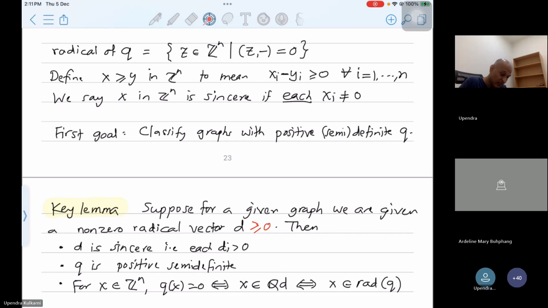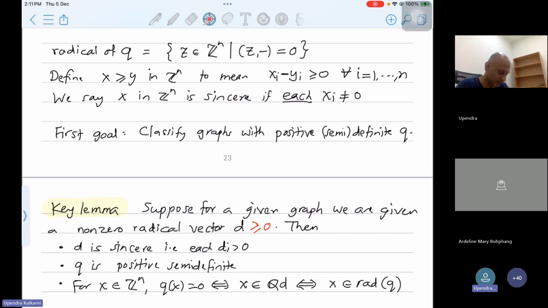Okay. So under these assumptions, what do I get to say? The main thing is that this allows me to show that Q is positive semi-definite. Okay, so that is the key result. But in fact, we will see before that this forces this non-negative vector actually to be sincere. That means in each slot, it has to be greater than 0.